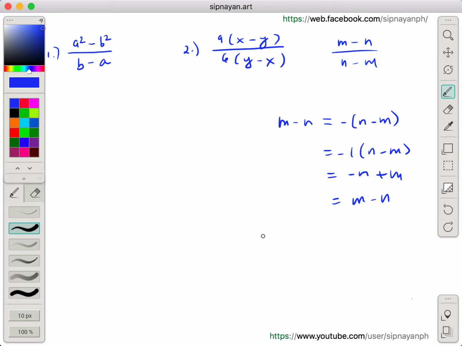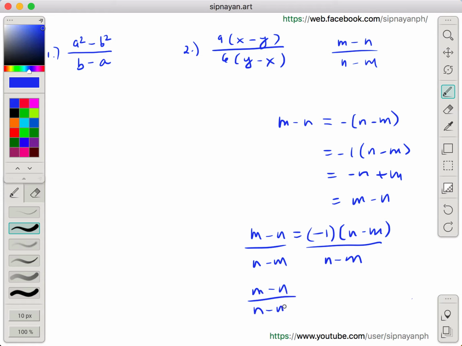Ibig sabihin, if m minus n is equal to negative 1 times n minus m, if we divide both sides by n minus m, then we will have m minus n over n minus m equals negative 1.